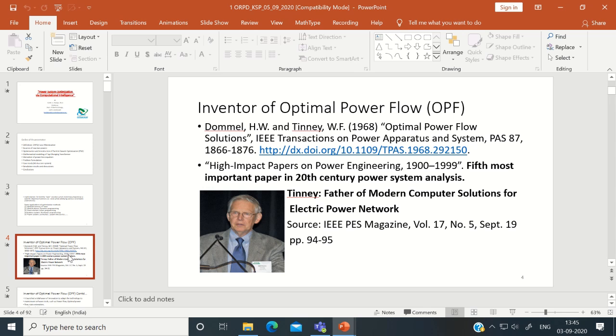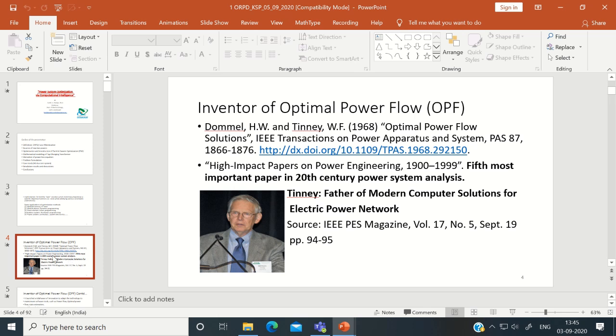And that paper was the fifth most important paper in 20th century power system analysis. It had a high impact factor on power engineering from 1900 to 1999.